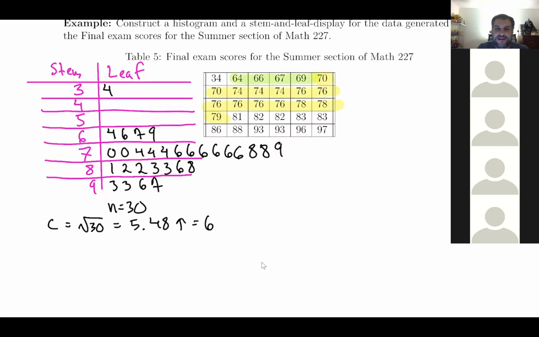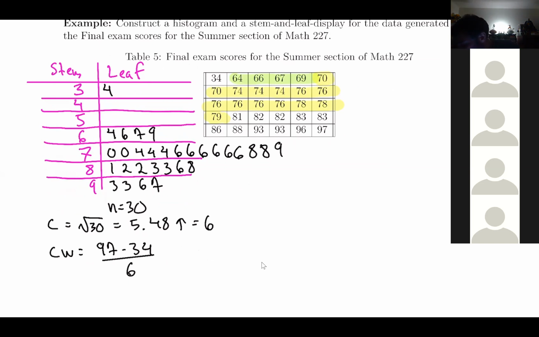Up next, we're going to find CW. For CW, you take the max, which is 97, and the minimum, which is 34, and you divide by the number of classes, which is 6. So we go 97 minus 34 divided by 6.